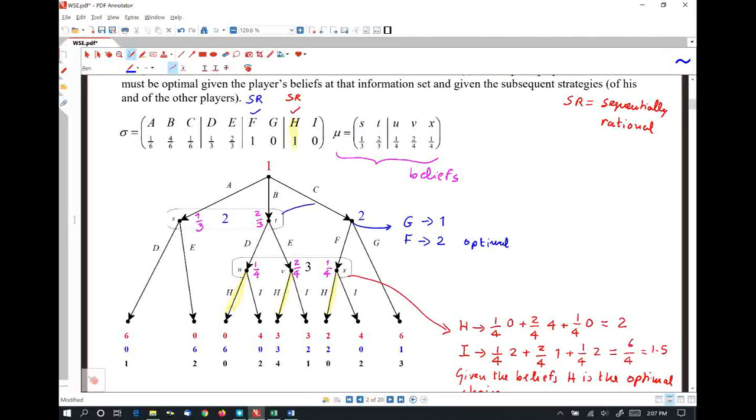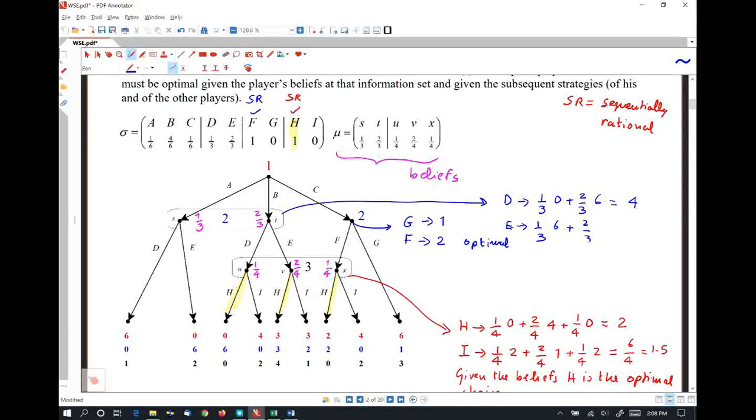Now let's look at this information set of player 2, the one on the left. Now if he plays D there, then with probability 1/3, he's doing that at node S, where D gives a payoff of 0. And with probability 2/3, he's doing it at node T, where D, followed by the fact that player 3 plays H, gives a payoff of 6. So that's 4. And if he plays E, then with probability 1/3, he's playing E at the left node, where he gets a payoff of 6.